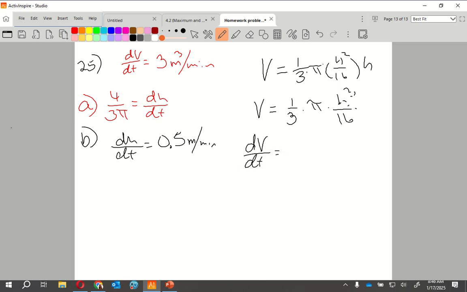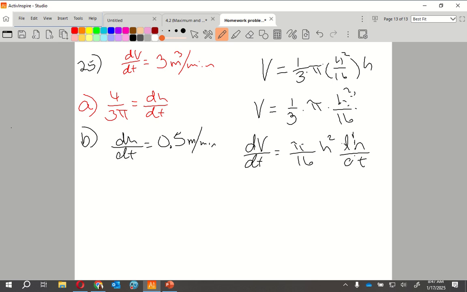That 3 is going to cancel out there. So I'm going to get pi over 16 H squared dH/dt when H is what?